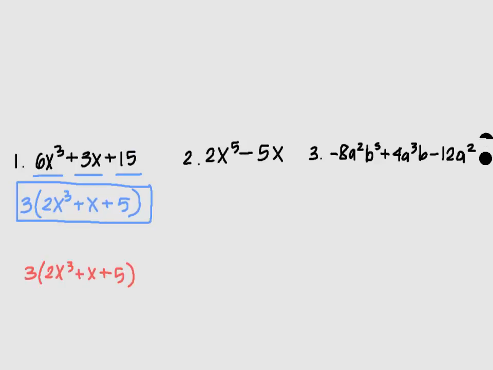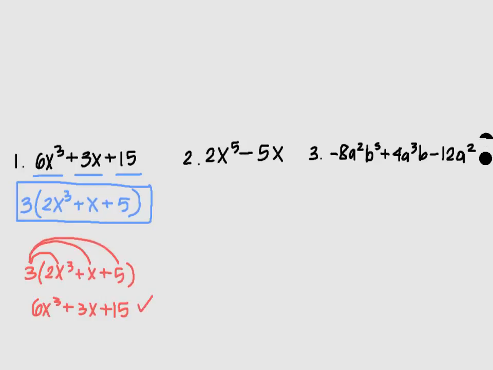So distribute the 3 times the 2x cubed, 3 times x, and 3 times 5. So that equals 6x cubed plus 3x plus 15. This polynomial does match the polynomial that we started with, so that is how we check our answer to make sure that it is correct.